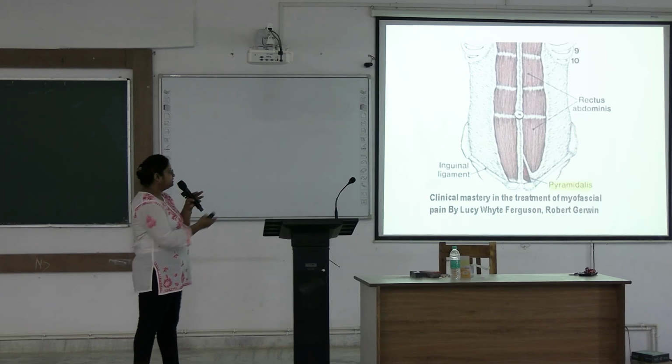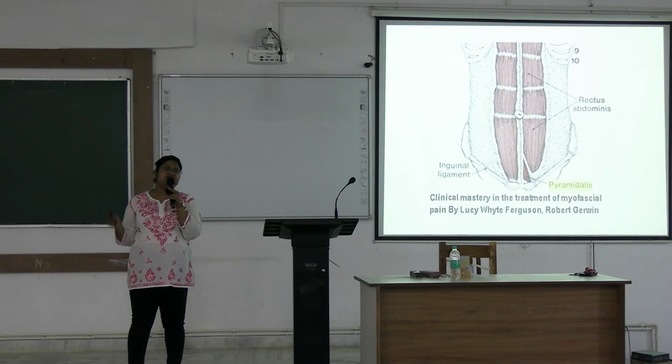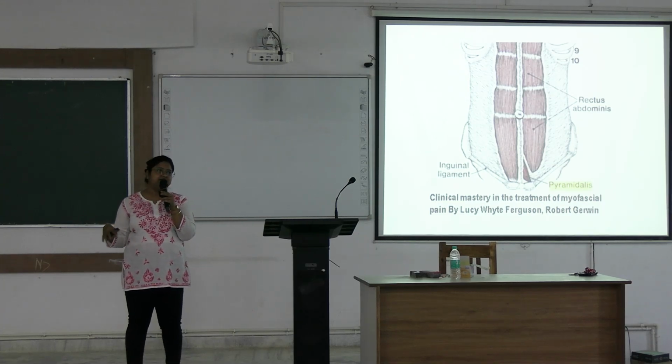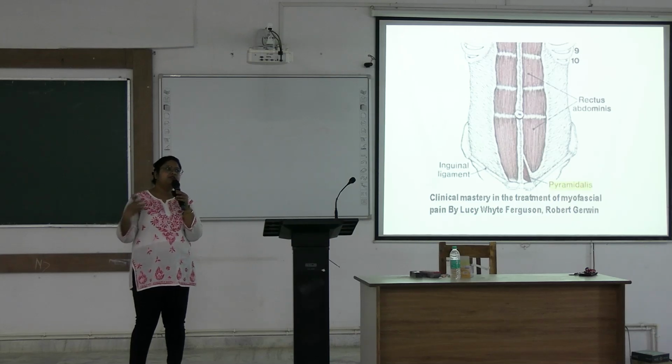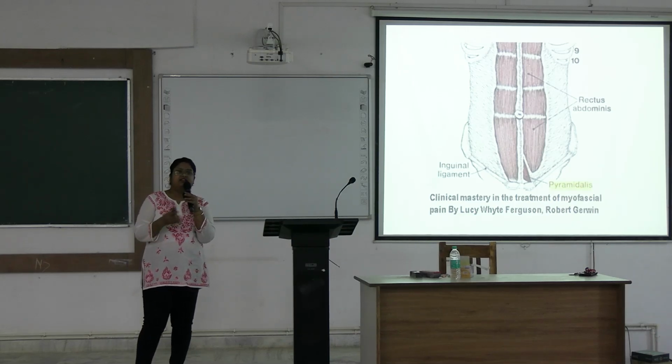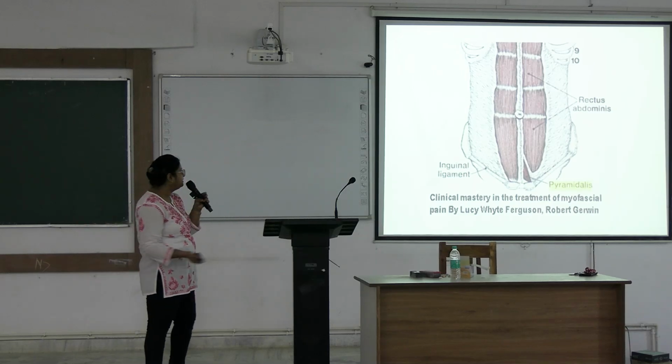This separating away of the rectus is known as rectus divarication. It generally occurs in female patients after pregnancy or some diseases. In generalized weakness, the muscles cannot contract properly, then it can occur.